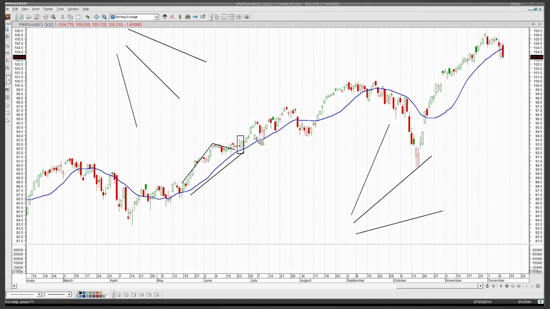Now, there are a couple of other things as I go through these examples that I want you to notice. Number one is that whenever we do get a valid trigger and we enter a position, more often than not, it tends to move in our favor immediately. That is important for a number of reasons. Number one, it'll not only give you confidence in the system, but also in yourself as a trader, which is huge.